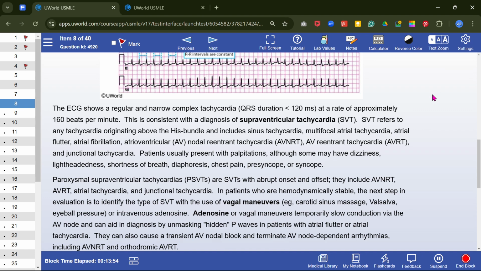In patients who are hemodynamically stable, the next step in evaluation is to identify the type of SVT with the use of vagal maneuvers like carotid sinus massage, Valsalva, eyeball pressure, or IV adenosine.